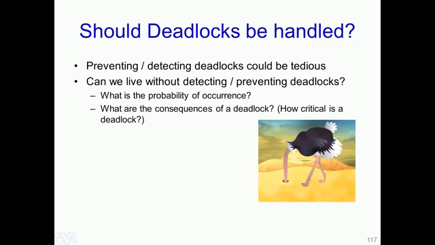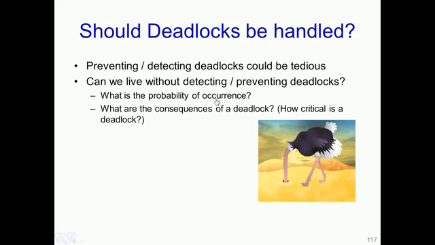Now, the next question is, in a system which could have deadlocks, should deadlocks be handled? So, this is a debatable question. Essentially, it is not an easy thing to answer, because the cost of having prevention mechanisms or to detect deadlocks is extremely high, and it will cause huge overheads in the operating system.